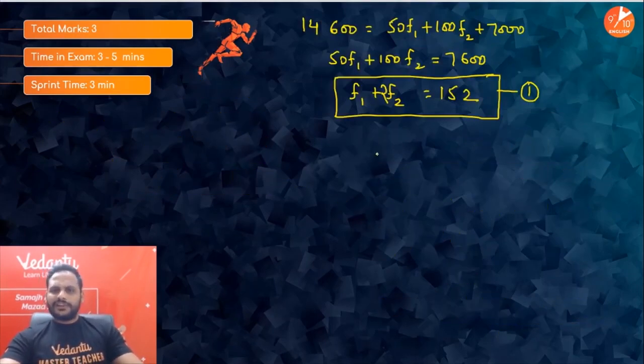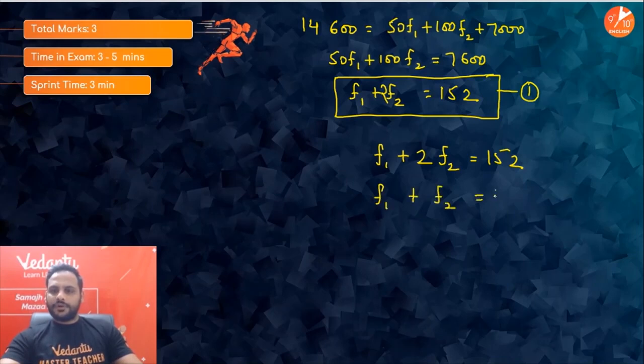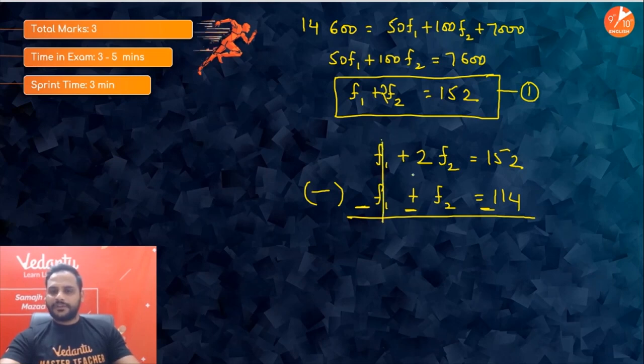Let's use linear equations in two variables. f1 plus 2 f2 is equal to 152 and f1 plus f2 is equal to 114. Now if I subtract both these equations, f1 minus f1 gets cancelled, 2 f2 minus f2 is equal to f2, and 152 minus 114 is 38, so f2 is equal to 38.